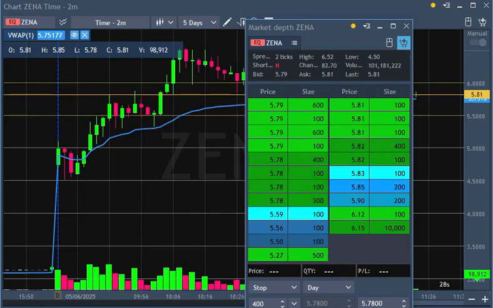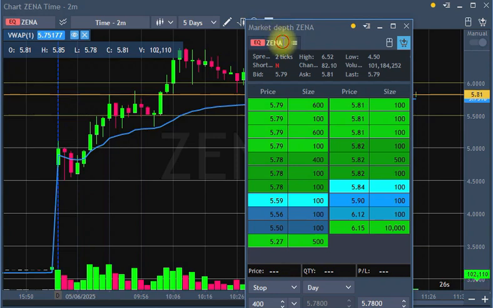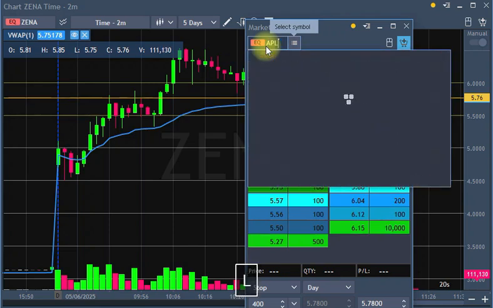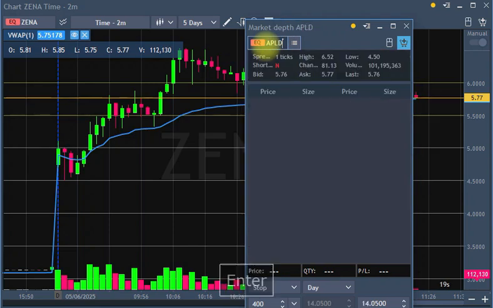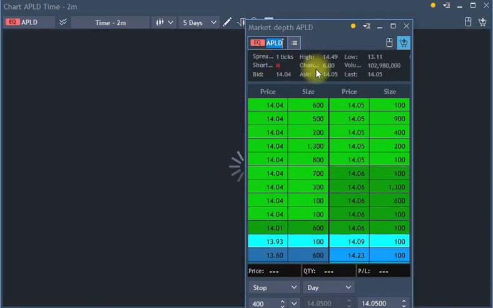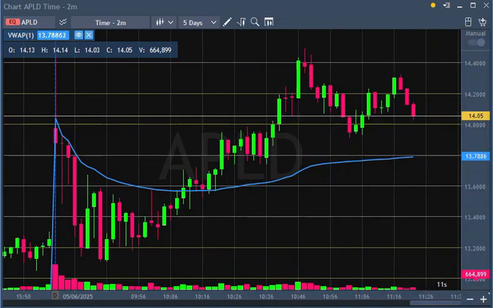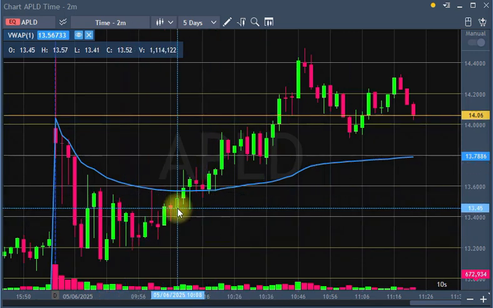The result is a huge gap up and go on the daily chart. And the other one that we discussed was a pickup from yesterday, APLD, also a good mover, up 6%. Okay, so I think obviously ZENA delivered a way better performance.